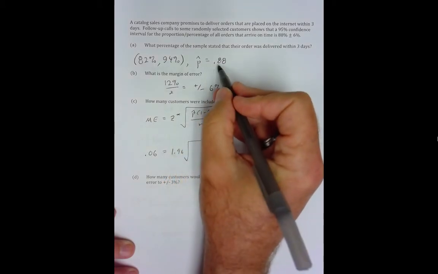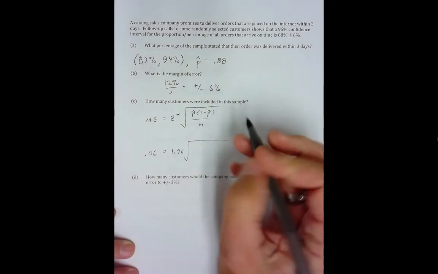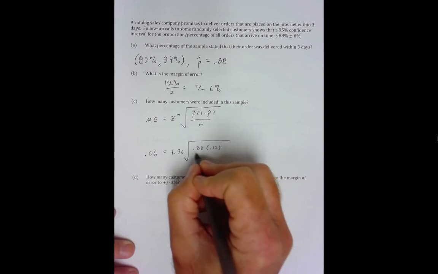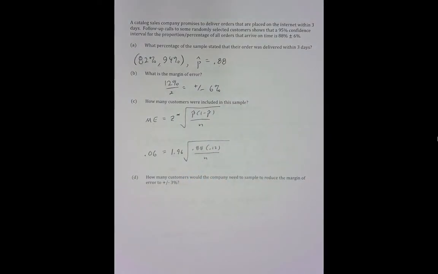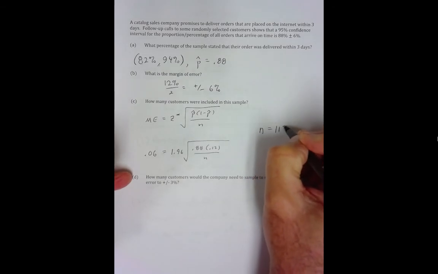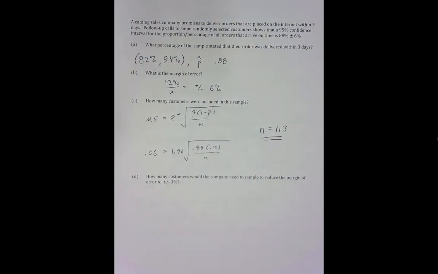P hat resides smack dab in the center of the interval, so that's 0.88. 1 minus 0.88 is 0.12, over n. I'm just going to do that very quickly on the calculator. So I have 0.06 divided by 1.96, square that. And so I have 0.88 times 0.12 divided by the answer. So I get n is equal to 113.